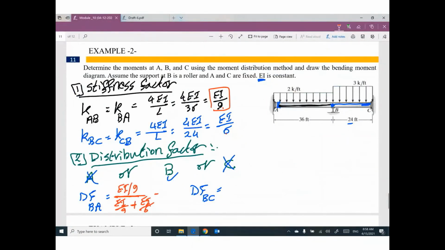So can you simplify? I think EI will cancel by EI and EI. So I can simplify the numerator is 1 divide 9. Divide 1 divide 9 plus 1 divide 6. 0.4. Distribution factor for BC, the K for BC is EI divide 6. Divide EI divide 9 plus EI divide 6. I think your value here will be 0.6.